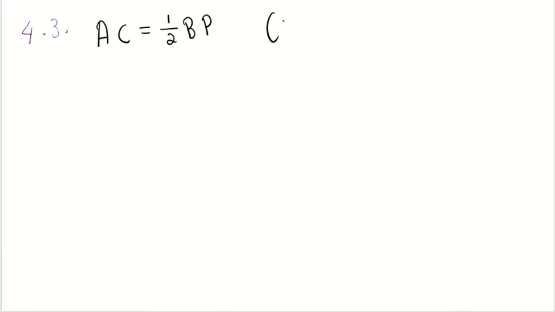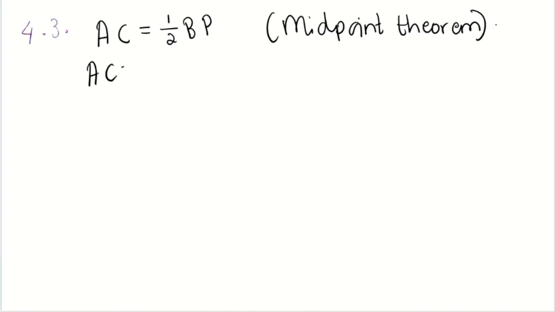Reason is midpoint theorem. So AC is going to be equal to half times BP. We calculated it and found that it is 10. So AC is going to be half of 10, which is 5 centimeters.